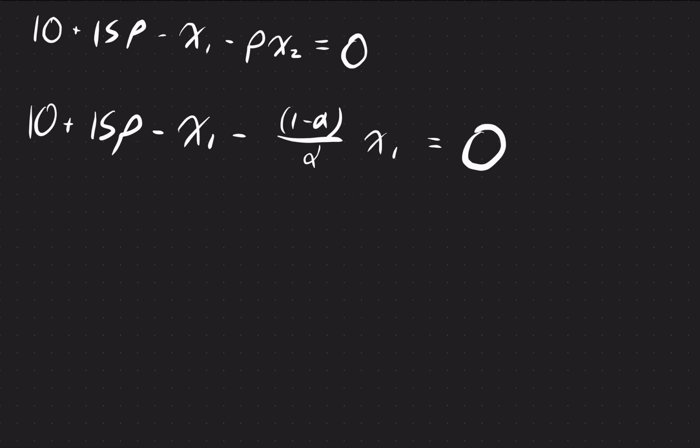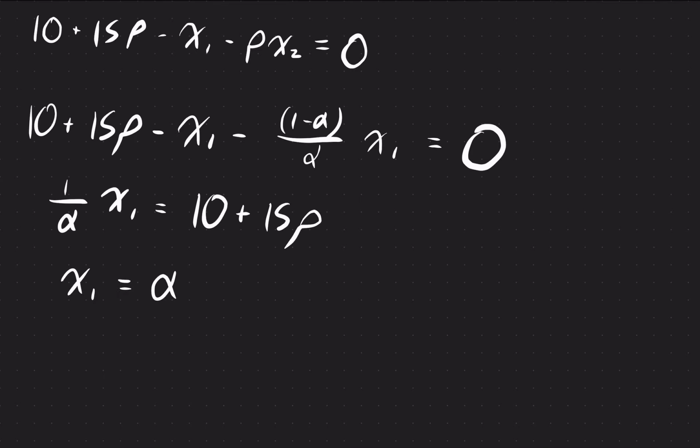So we can do the algebra by moving this to the other side, and we get 1 plus 1 minus alpha over alpha, which we can rewrite as 1 plus 1 over alpha minus 1, so just 1 over alpha. We get 1 over alpha x1 equal to 10 plus 15 rho. Equivalently, x1 is equal to alpha times 10 plus 15 rho.